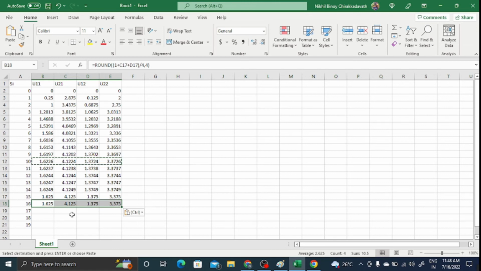So after the 16th iteration we can stop. Okay, in real life, when the current iteration and the previous iteration are exactly the same, or the difference is negligible, we can stop. So this is the solution of the Laplace equation using the Jacobi method.